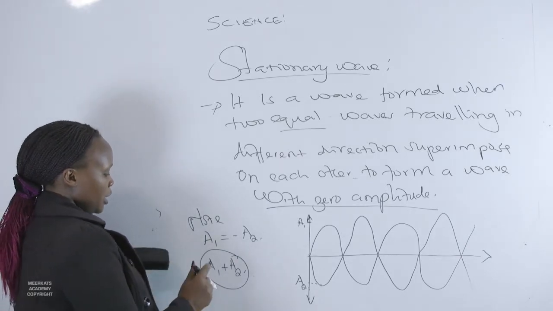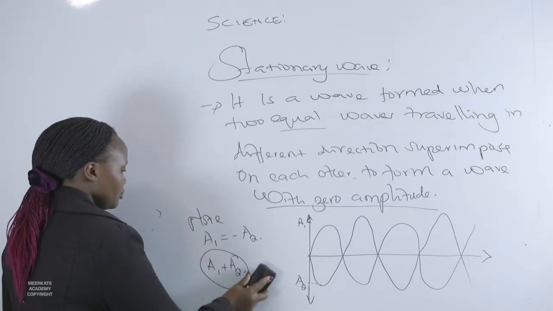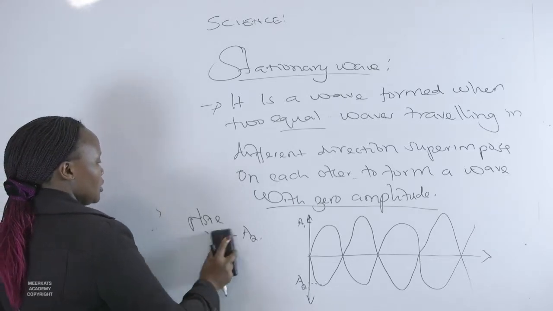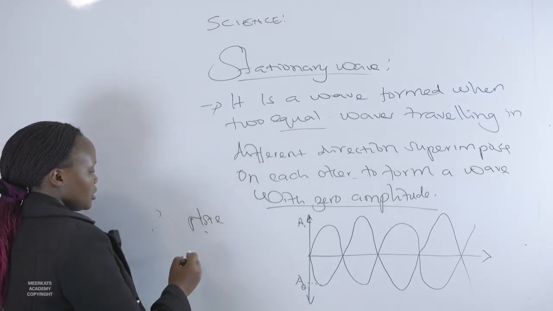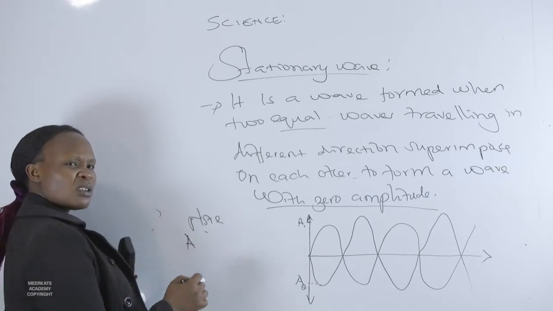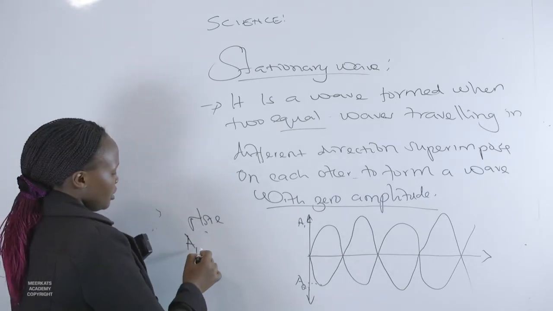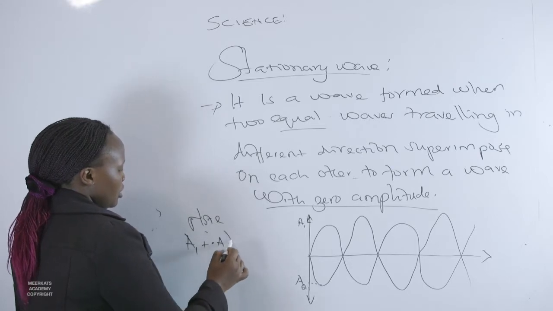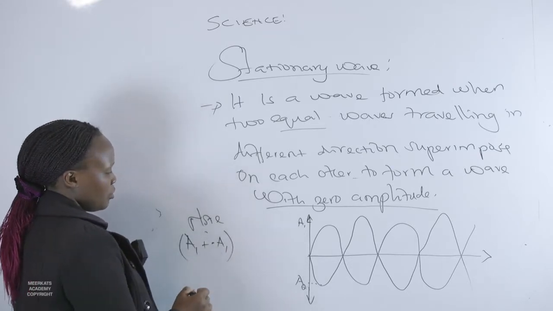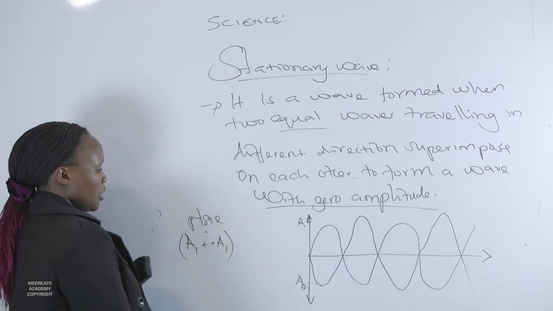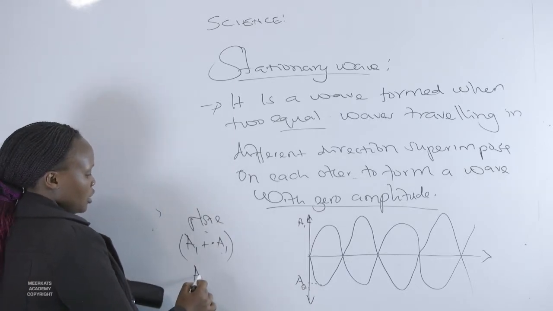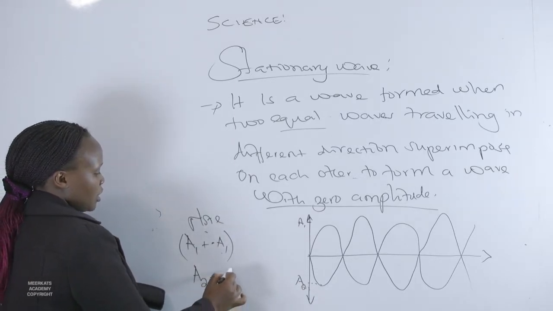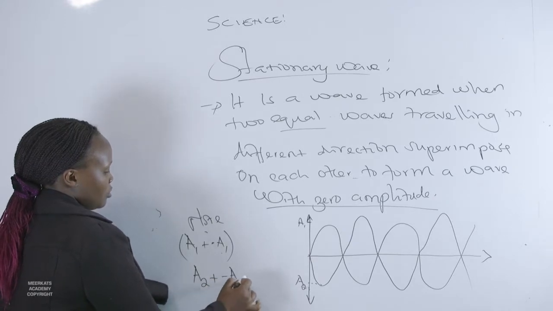Therefore, we can say that the resultant amplitude will be A1 plus negative A1, where negative A1 represents our A2, or you could call it A2 plus negative of A2.